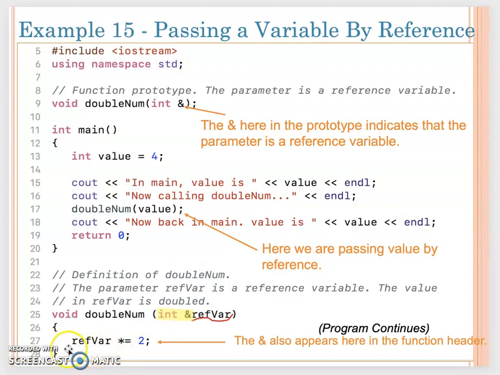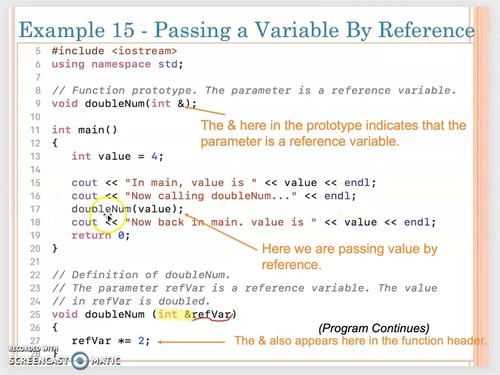Before, we only told you that only the refVariable was doubled, right? But now, in the main function, I have the value equal to 4. Then we display in the main function that value equals 4. But now, after we call the doubleNum function, let's see what happened.